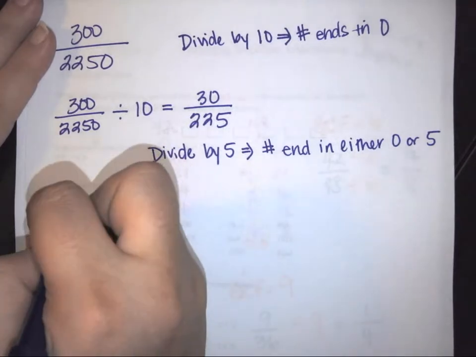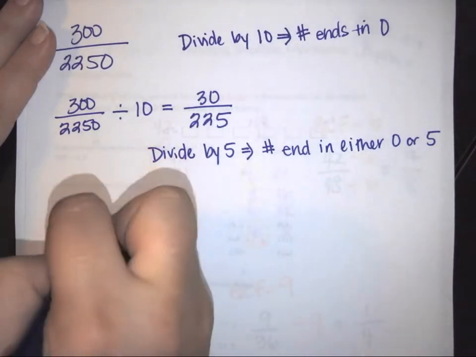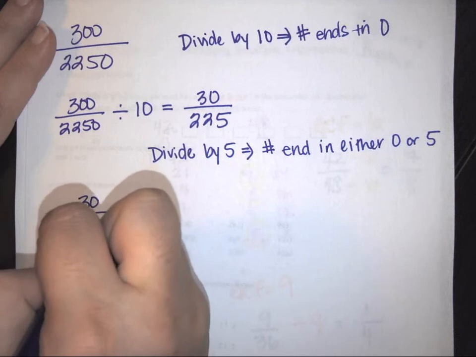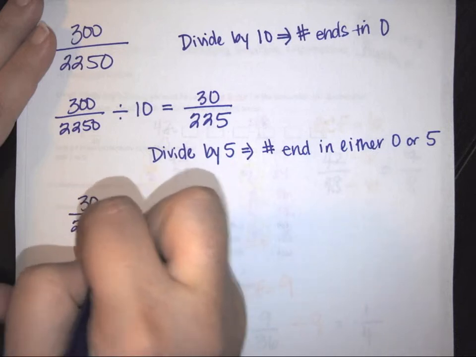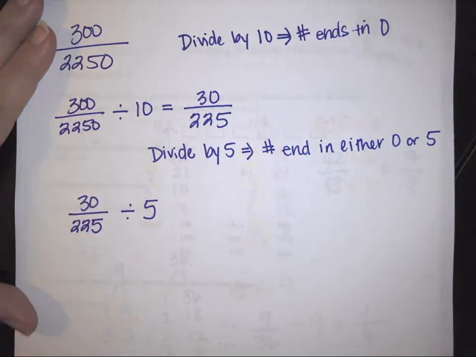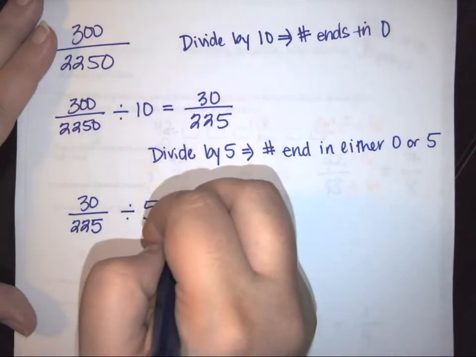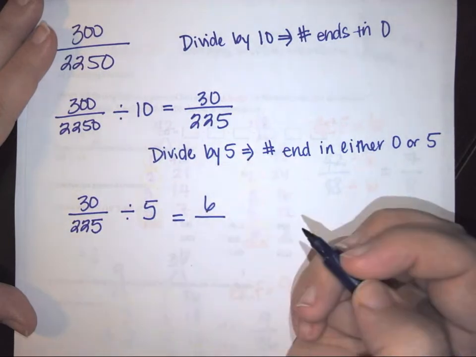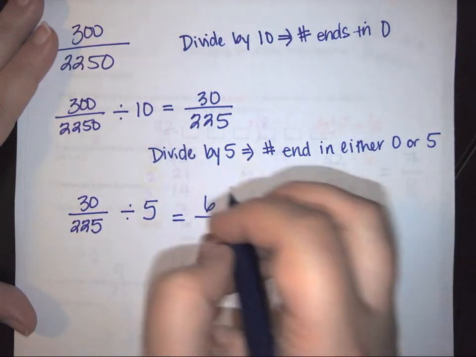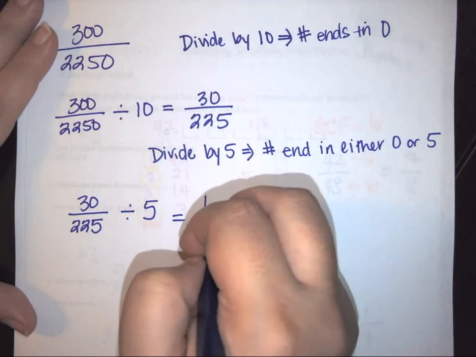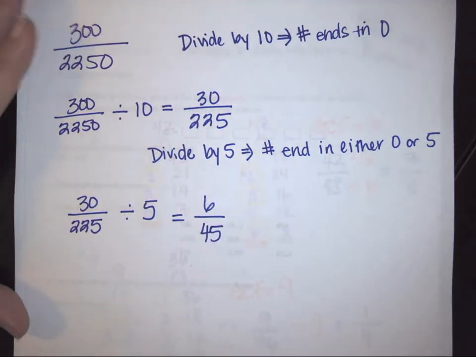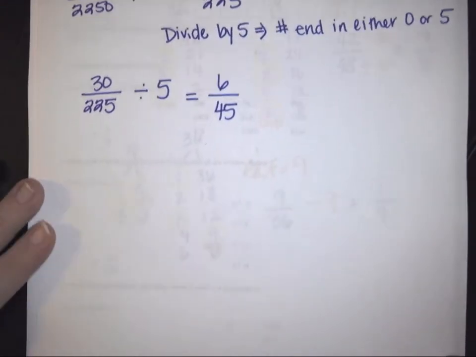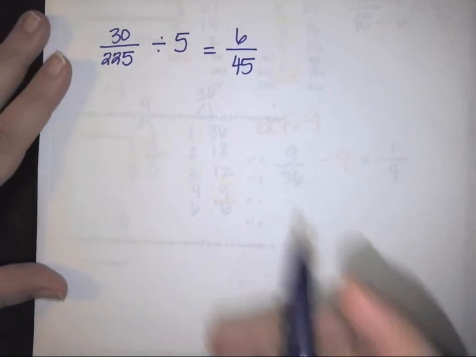So I'm going to take that 30 over 225, and divide top and bottom by 5. When I do that, 30 divided by 5 gives me 6. 225 divided by 5 gives me 45. Now, in looking at those two, much better factor trees.